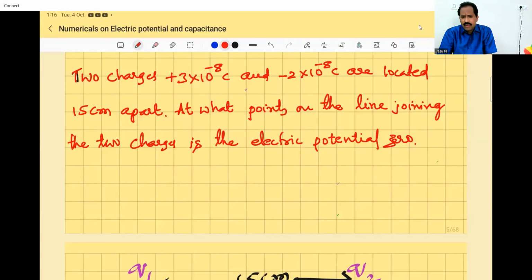If you want to solve a numerical question in physics, you are supposed to understand the problem. What is given, what is to be determined, what is the formula required, how many steps are involved.